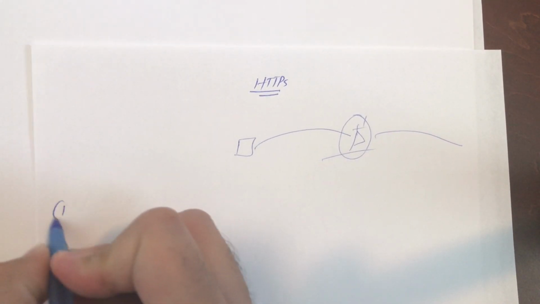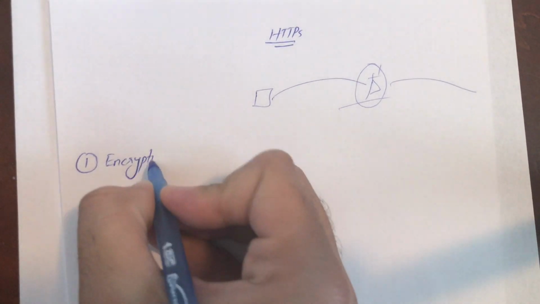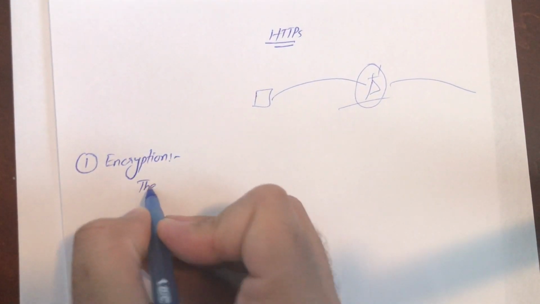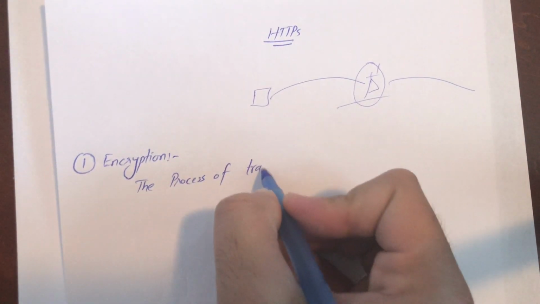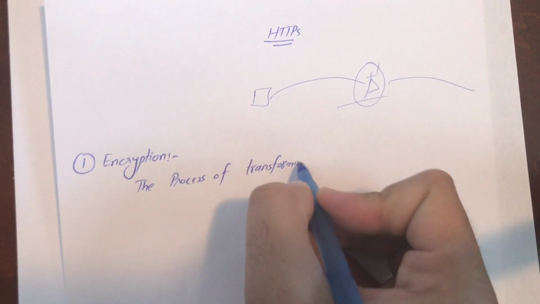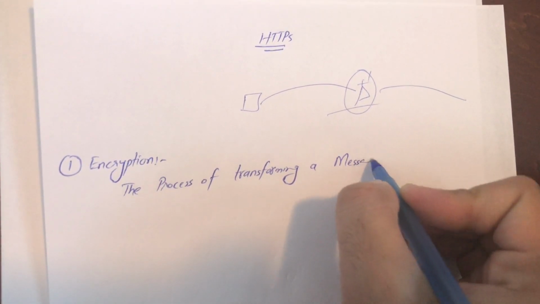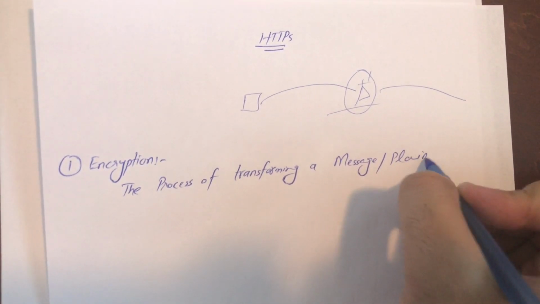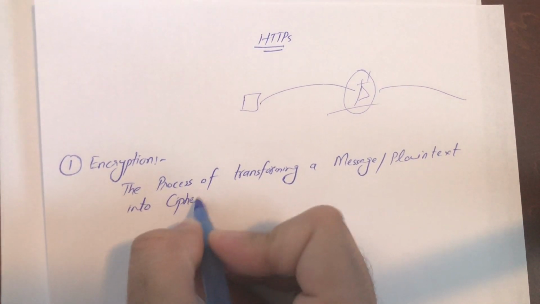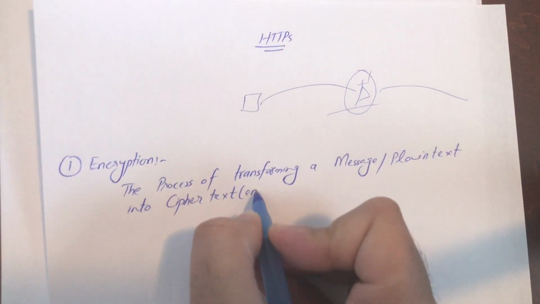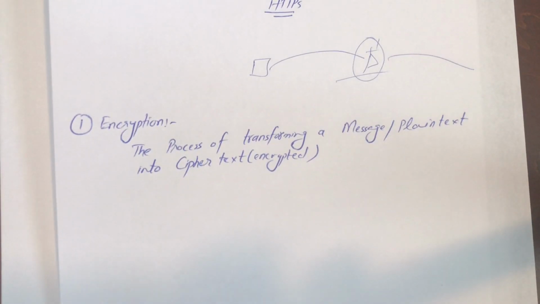Now, let's talk about a few definitions that we need to know. One is encryption. Encryption is basically the process of transforming a message or plain text into ciphertext. Ciphertext is basically the encrypted message, so ciphertext and encrypted message are the same thing.